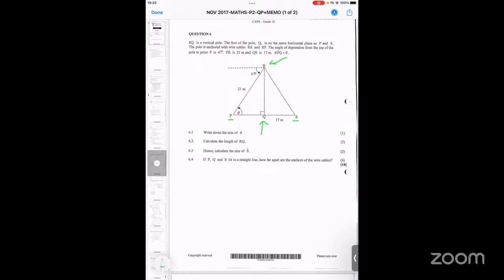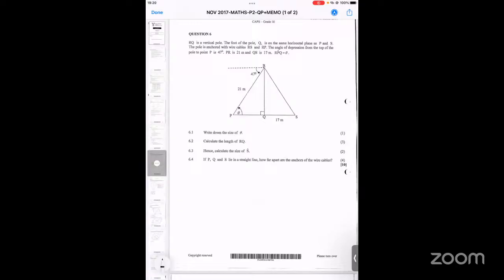And in triangle RPQ, angle P is the one which is called theta. It looks like all that is given in the statement is represented diagrammatically. So there is no information given in the statement which is not written on the diagram.